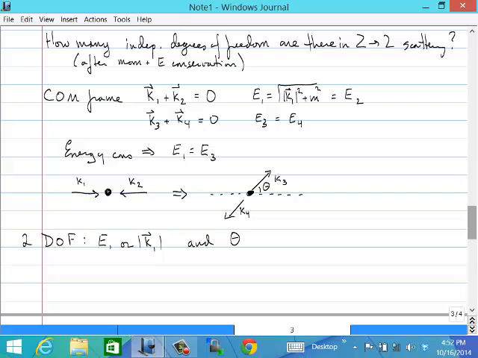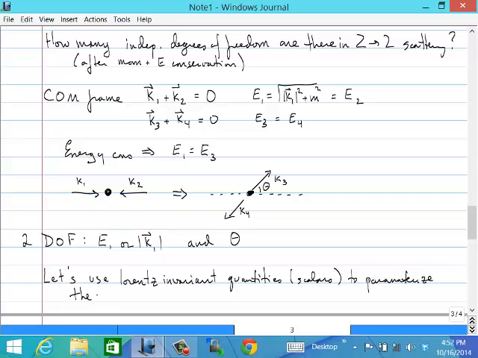The reason being that we're studying a Lorentz invariant, special relativistic theory, and so your answers will look much nicer when we use Lorentz invariant quantities, that is to say, scalars, to parameterize these degrees of freedom in 2 to 2 scattering.